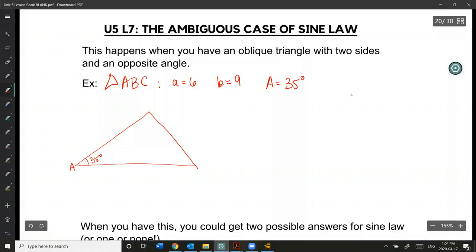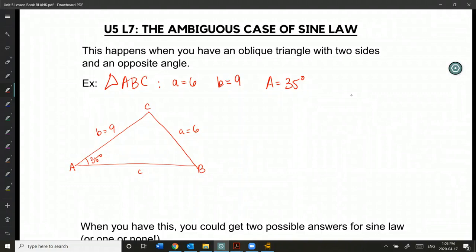This is just a rough sketch. And this is going to be angle B and angle C. That makes this side B, that's approximately 9 units. And side A, that's approximately 6. This is side C, and we don't have a measurement for that guy. So this is one possible triangle that can be created.